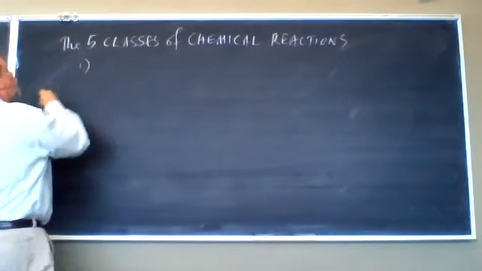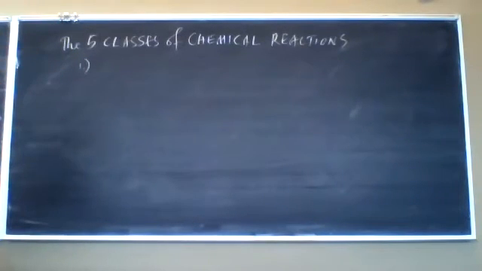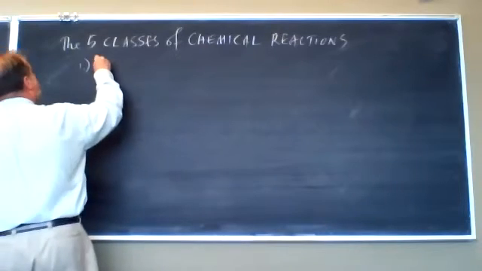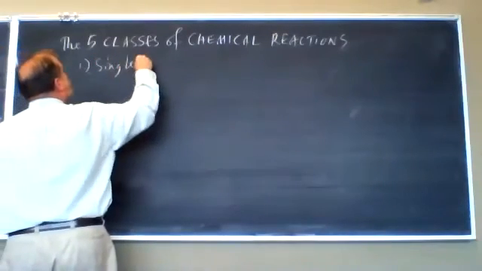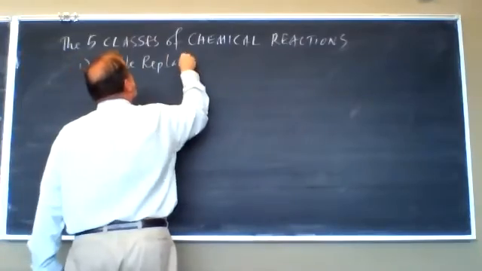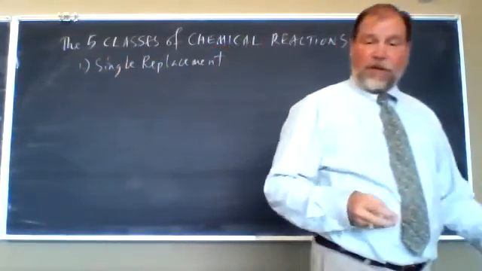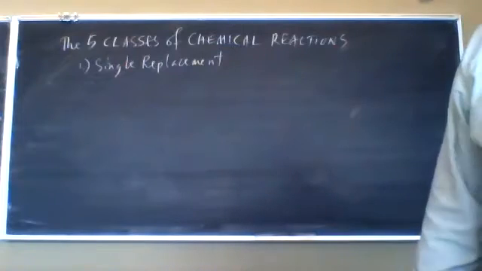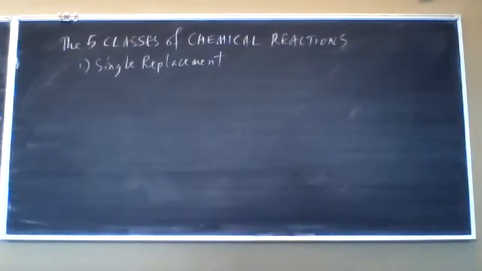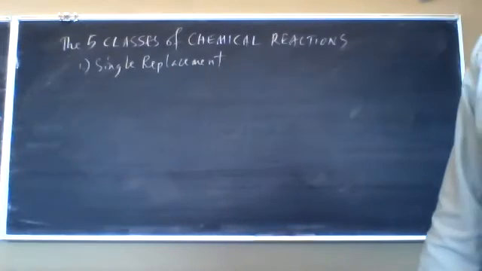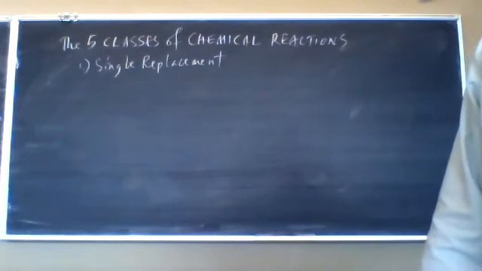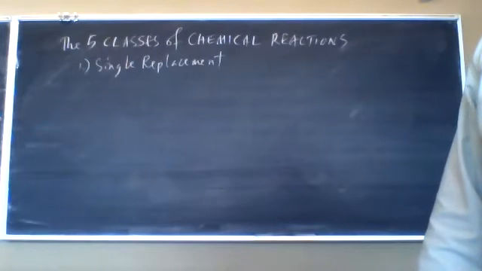So the first of these were what we call the single replacement reactions. Single replacement reactions can be identified because they start with one element and one chemical compound. Now I'm just going to use the letters A, B, and C here. The B and the C do not refer to boron and carbon.